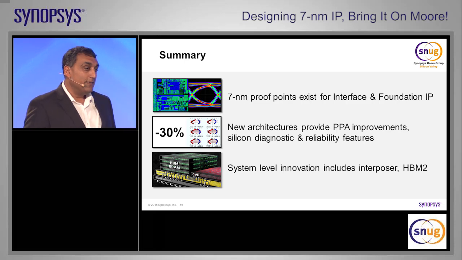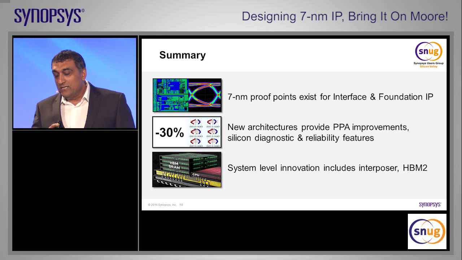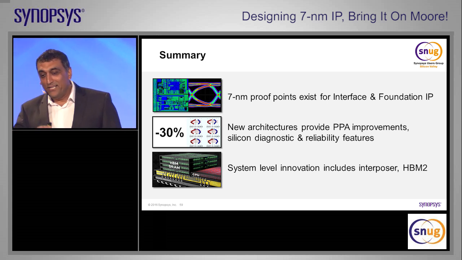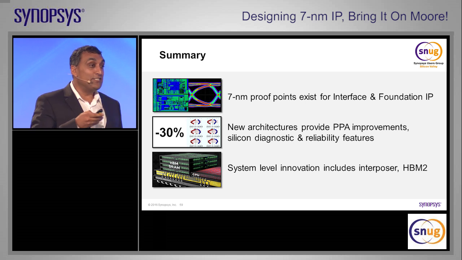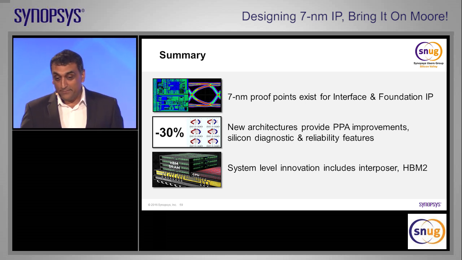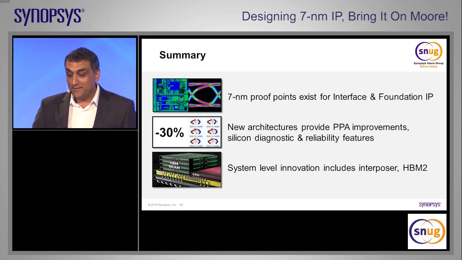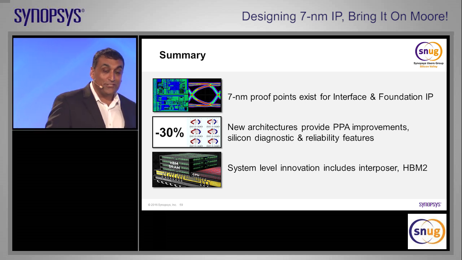All right. To summarize the presentation, hopefully you believe me now that the 7 nanometer proof points exist. They exist for interface IP and foundation IP. I gave you examples of what we've done. It was an opportunity for us to improve the area and power and also add more features.